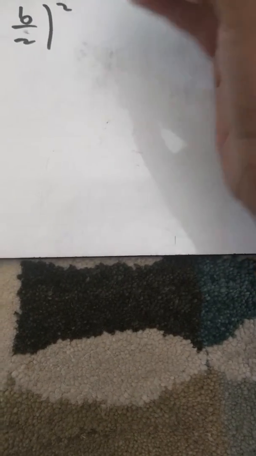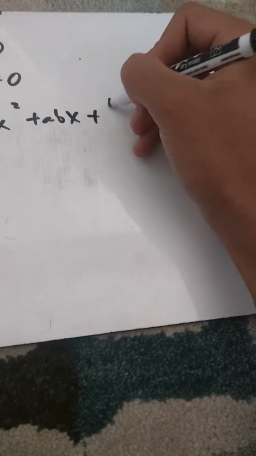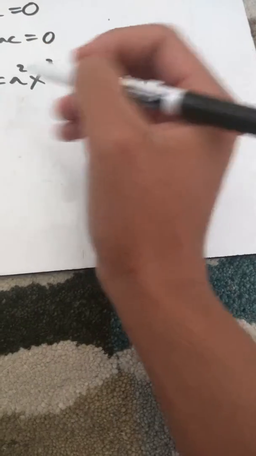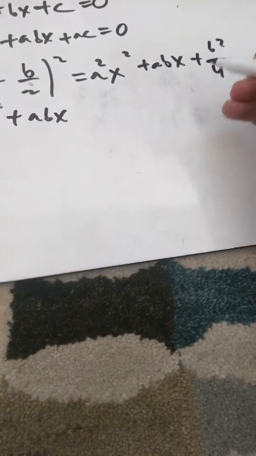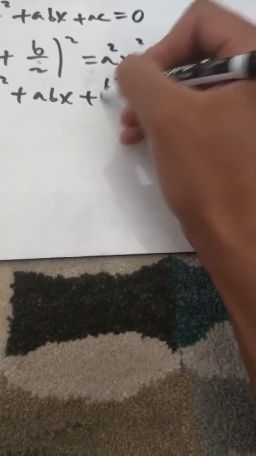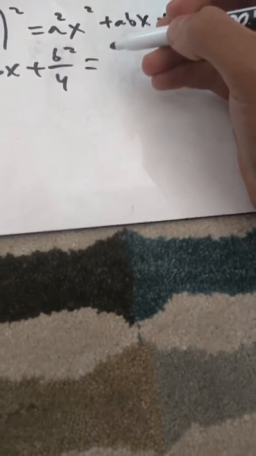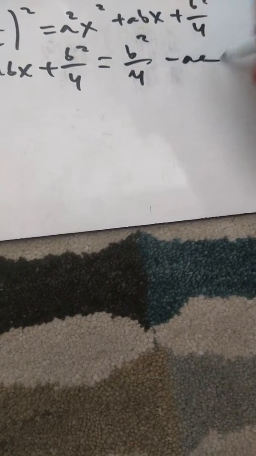So this equals a squared x squared plus abx plus b squared over 4, and that equals b squared over 4 minus ac.